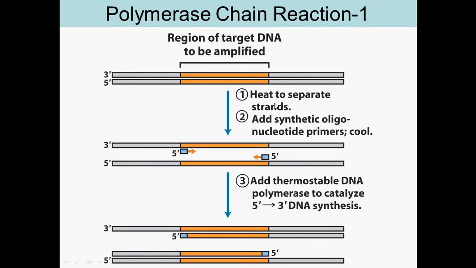So you heat it to 92 degrees to denature the DNA, and you have two separate strands, and then you add the primers. So this primer binds to this part over here, same thing over here, and then you add polymerase, the thermostable DNA polymerase from the bacteria that you get from Yellowstone.